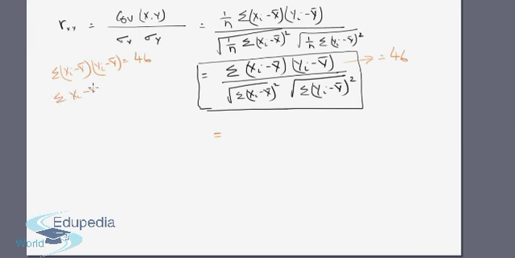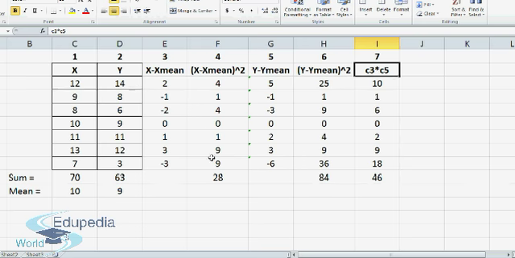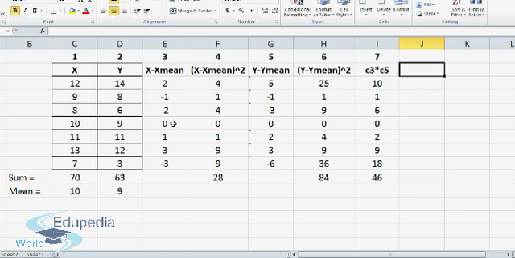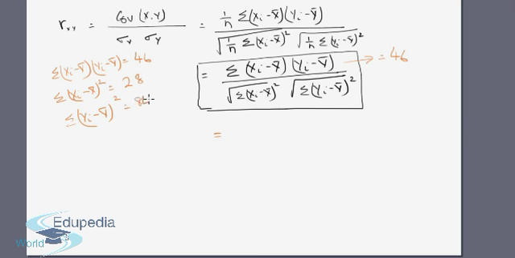Summation xi minus x bar square, we see here, is 28, and summation yi minus y bar square is 84. So we can put it together like this. We have 46 divided by root of 28 times root of 84.